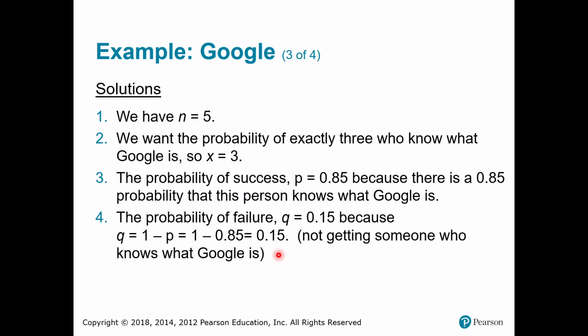Now, if you think about it, if the person does not know what Google is, then the probability must be 0.15.